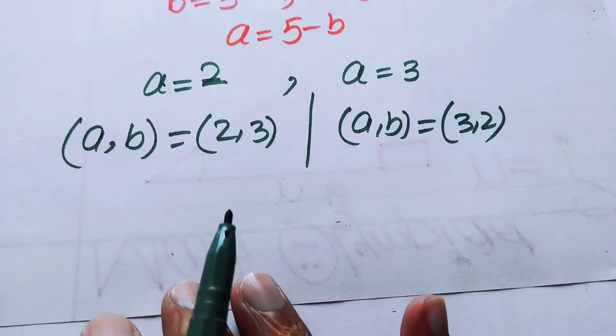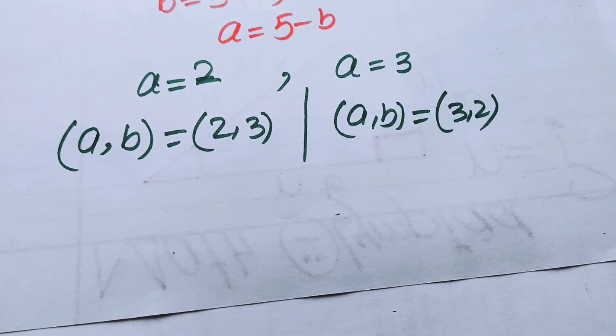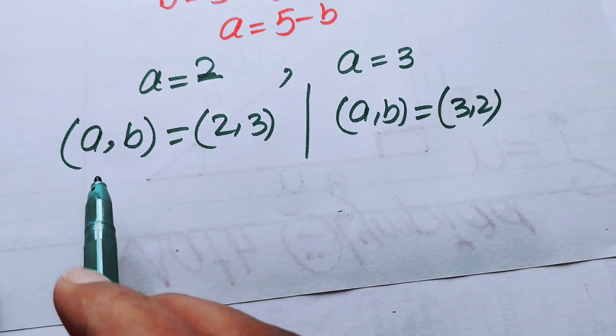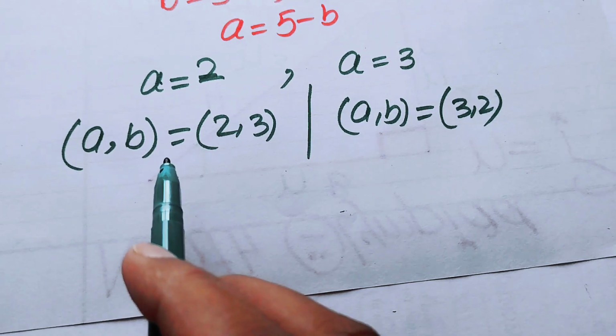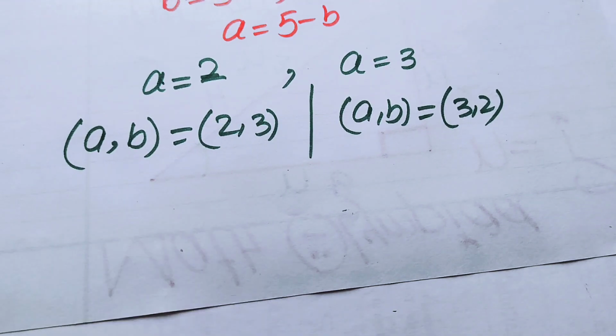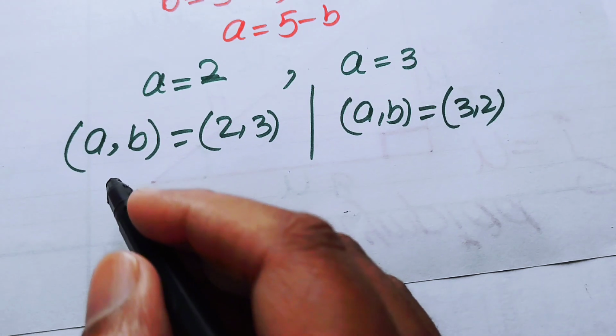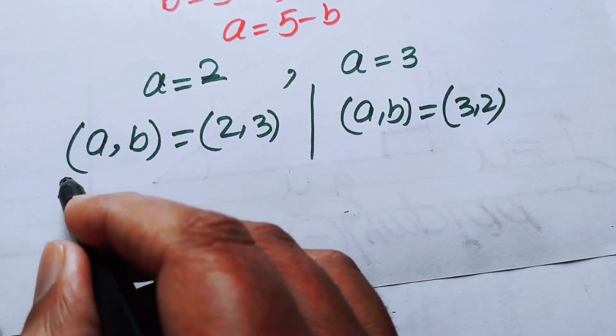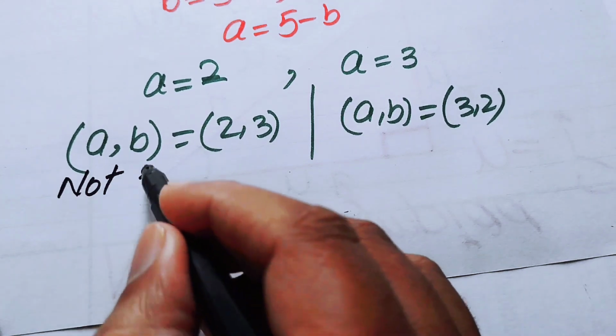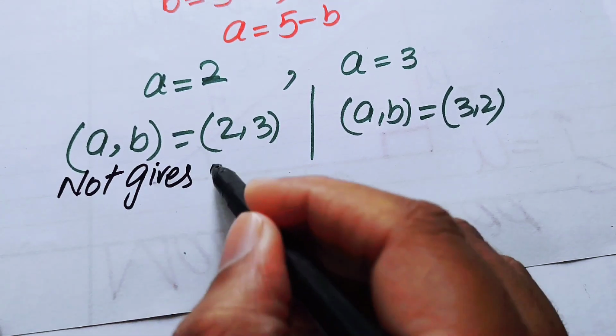Now we check which pair satisfies the given condition. If you put the values of a and b in the given equation, then you will not get an integer solution, so we reject it because it does not give integers.